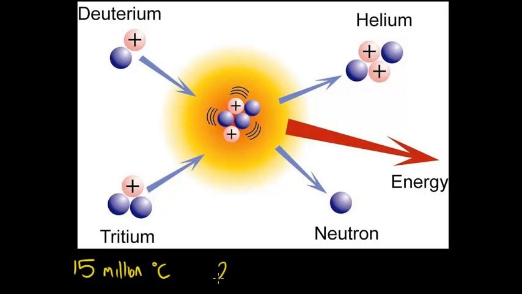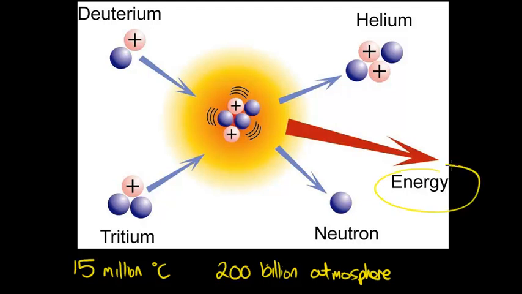The pressure is 200 billion times the Earth's pressure, called 1 atmosphere, is what we experience. So 200 billion, it'll squash you to a pulp. And the energy that this produces every second is equivalent to 100 hydrogen bombs being let off. That's a serious amount of energy.